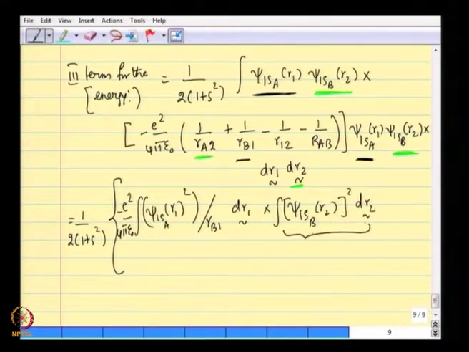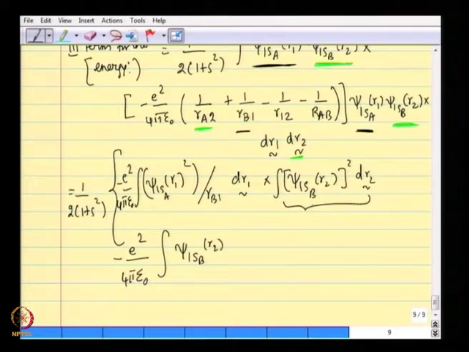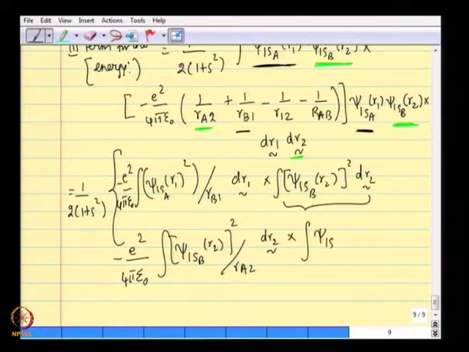This is of course 1. So this is the first term in the J integral, and the next term will be exactly the same but for electron 2, 4 pi epsilon naught. So what you have is psi 1s b of r2 squared divided by r a2 d r2, multiplied by the integral psi 1s a of r1 squared d r1.